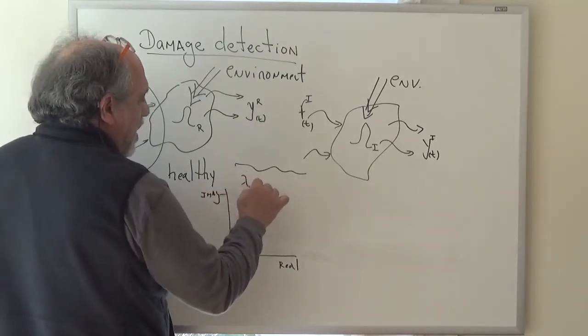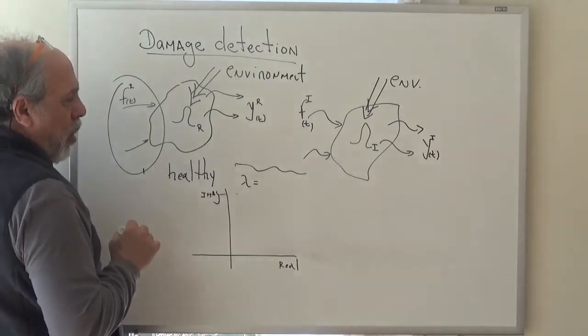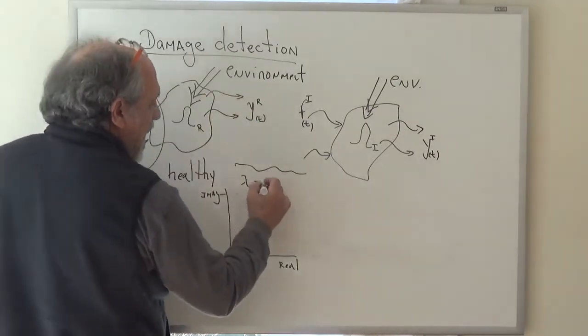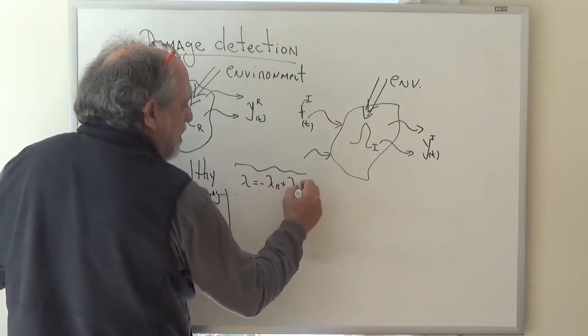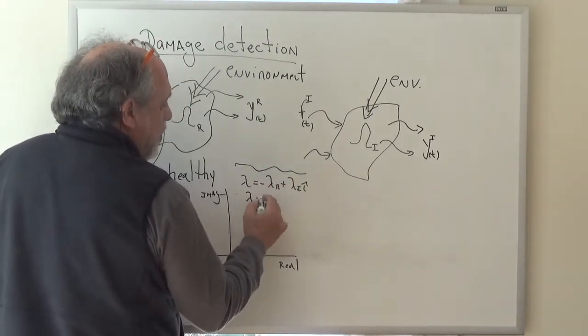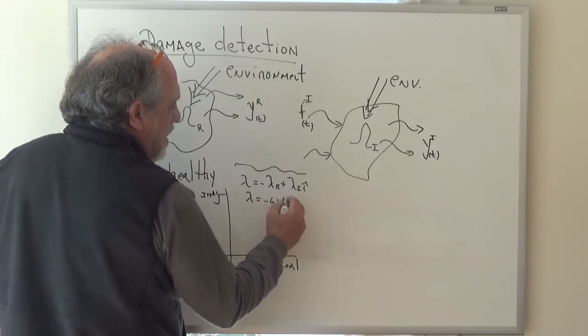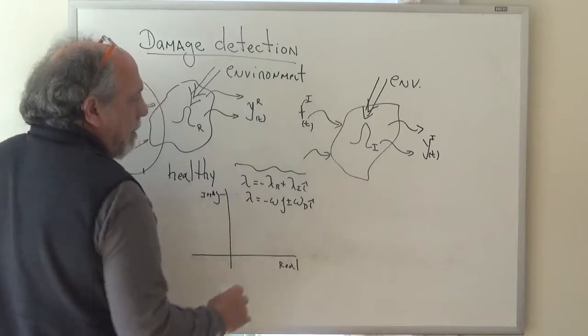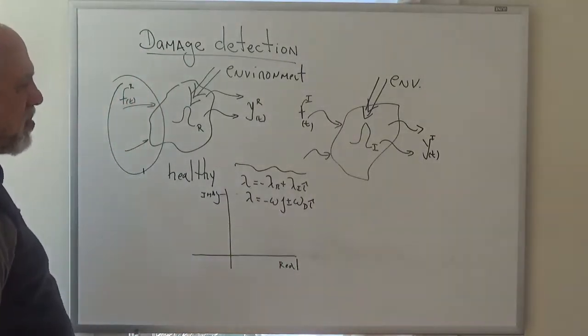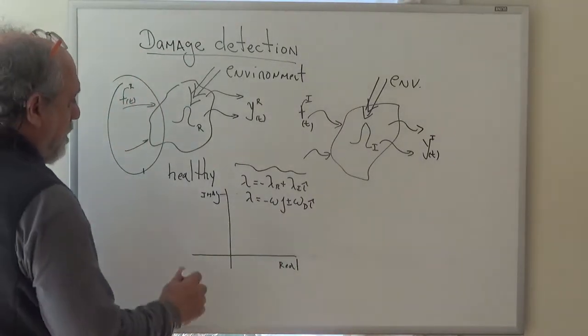And as you know, the eigenvalues of this have a real part and an imaginary part, and we know that they are related to frequencies, which is frequency times the damping plus or minus omega damped i, right? That's how you extracted your frequencies when you do system ID.